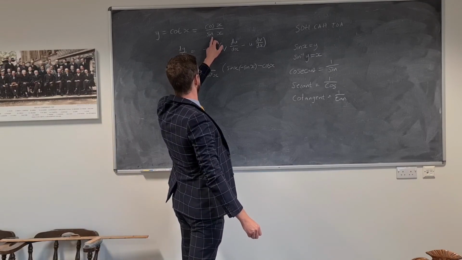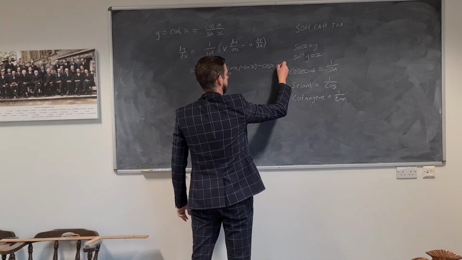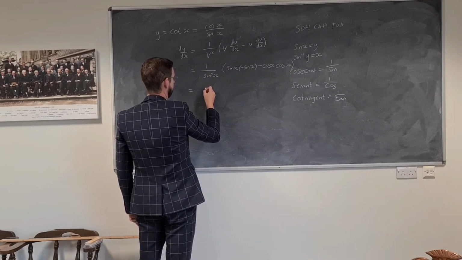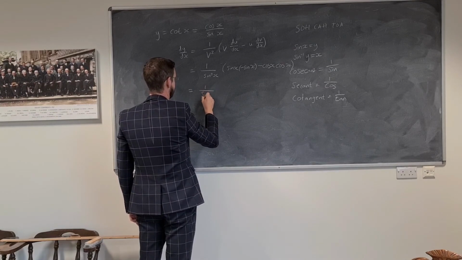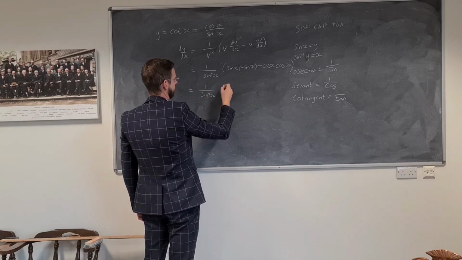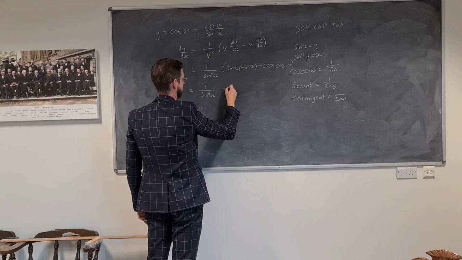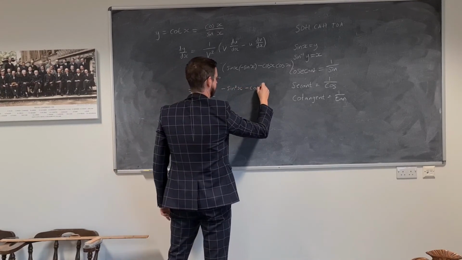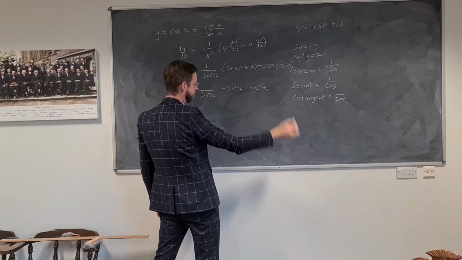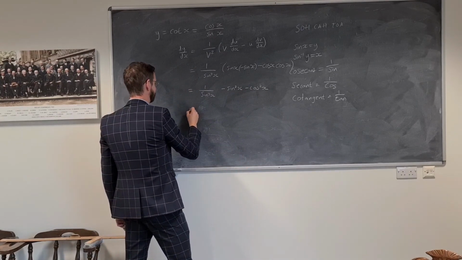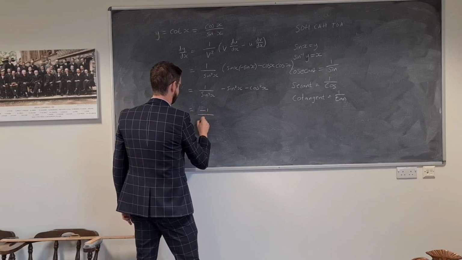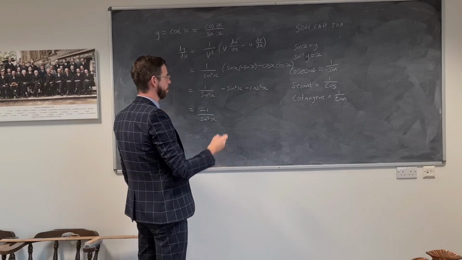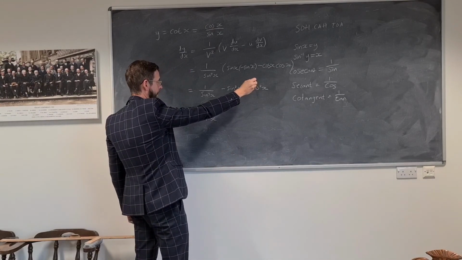The first derivative of v with respect to x: sine goes to cos, so it is cos x, which as before simplifies down. However, just notice there's an extra minus now. This stays minus sine squared x minus cos squared x, and so this is going to equal not 1 this time but minus 1. Which means we have minus 1 over sine squared x. And 1 over sine is cosecant.